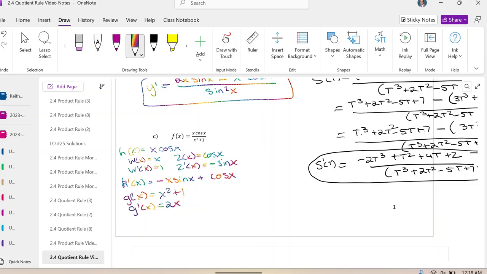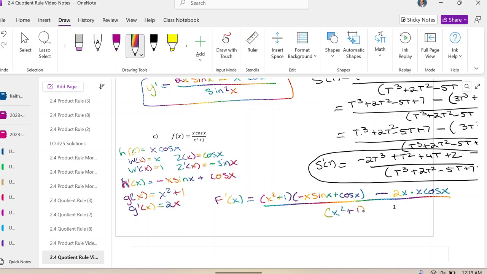When we find the derivative of this, we take g times f prime, which is x squared plus 1 times negative x sine x plus cosine x, minus h g prime, so 2x times x cosine x, and that's all over x squared plus 1, squared.